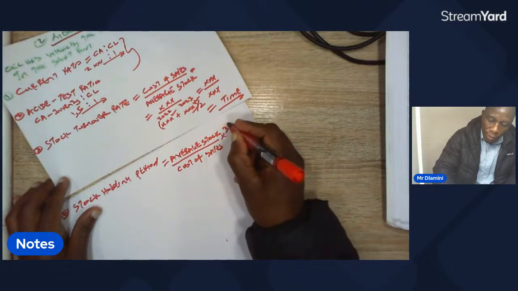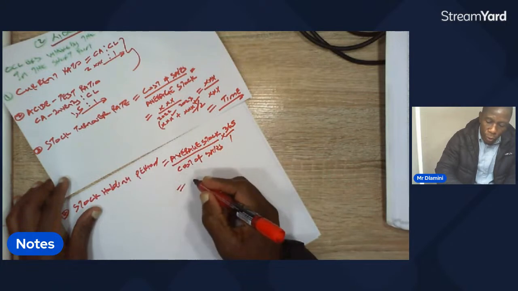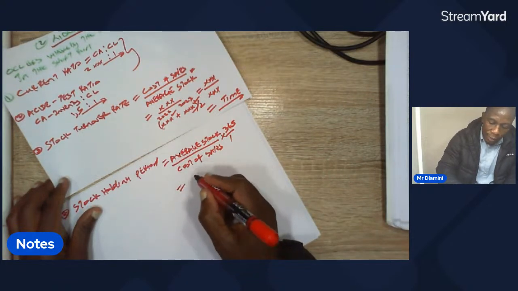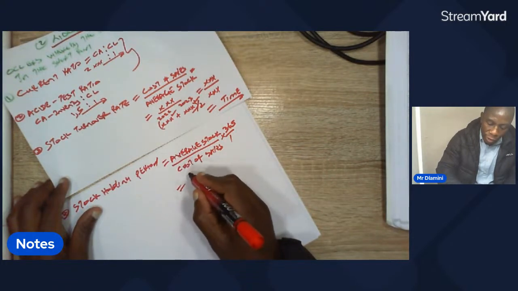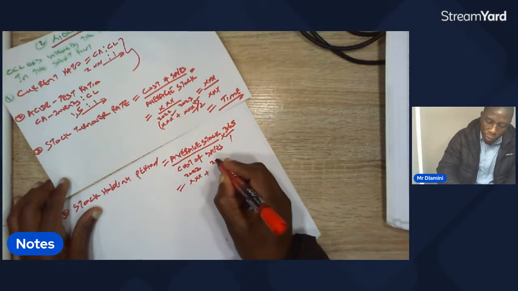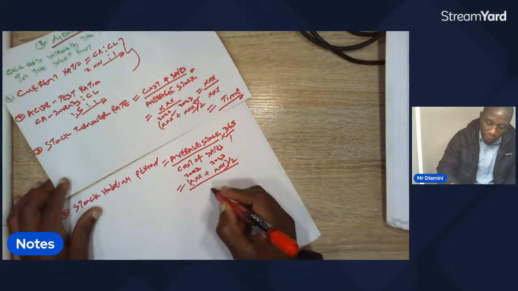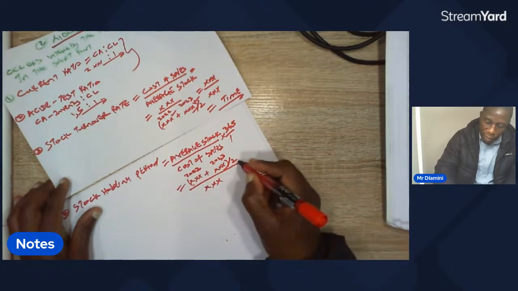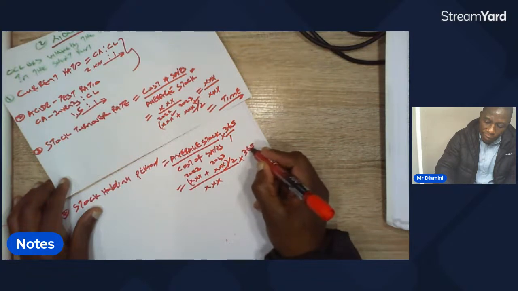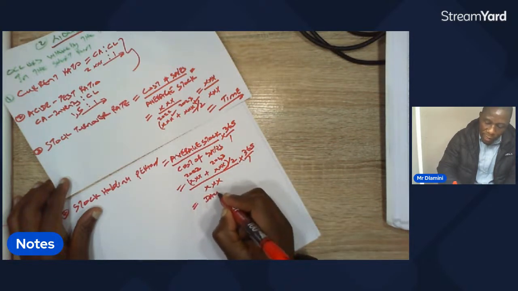The only difference is that you multiply by 365 days. Remember, the average stock is the 2022 trading stock and the 2023 stock of this year. We add and divide by 2, the average, then divide by the cost of sales, times 365 days, divide by 1. So your answer will be something days.